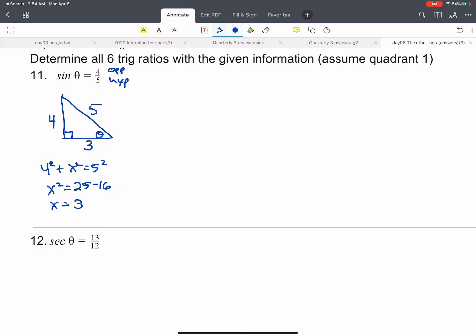So now they want you to find all 6 trig ratios. I already have sine, so I like to list it just because it's neat.